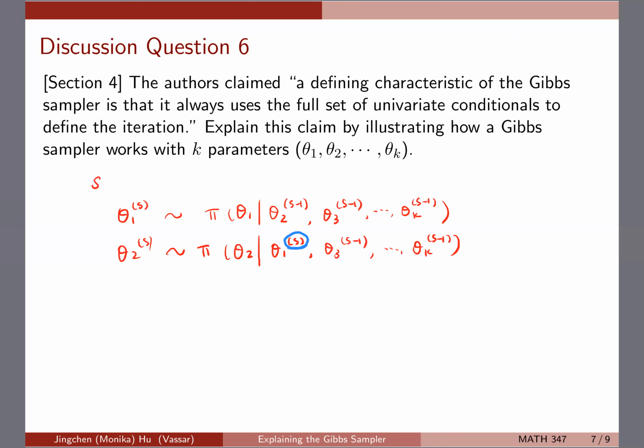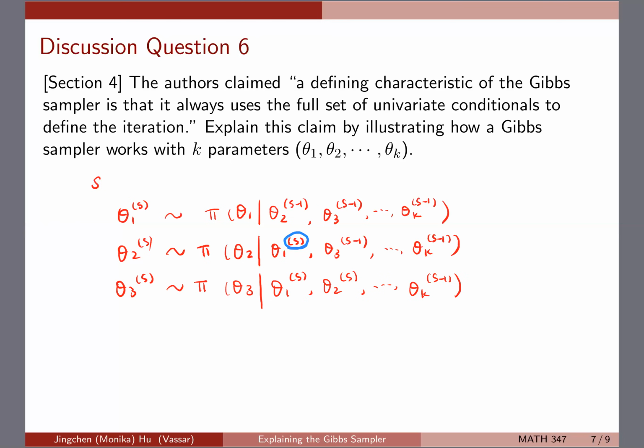Okay, so the rest will work as follows. Let me also write about theta 3. This is the full conditional posterior distribution, and now we have the most updated theta 1. We also have the most updated theta 2, but the other ones are still at the previous iteration.